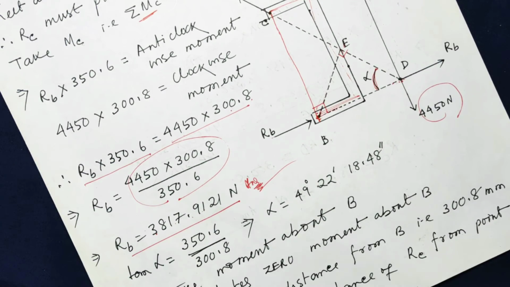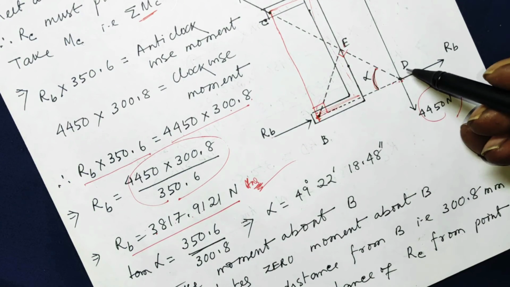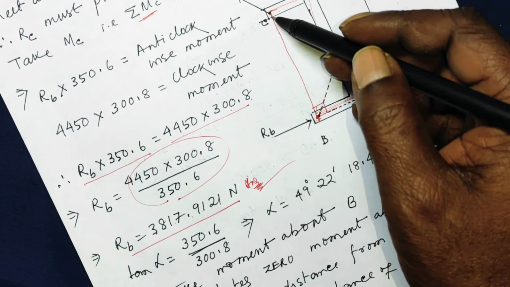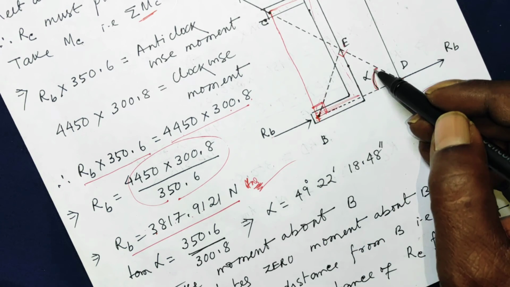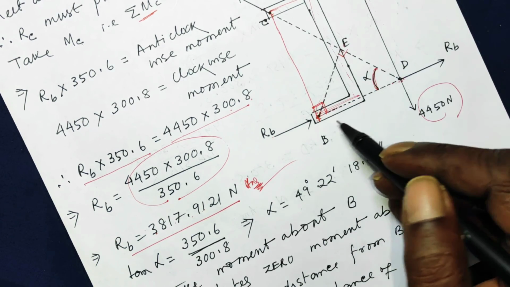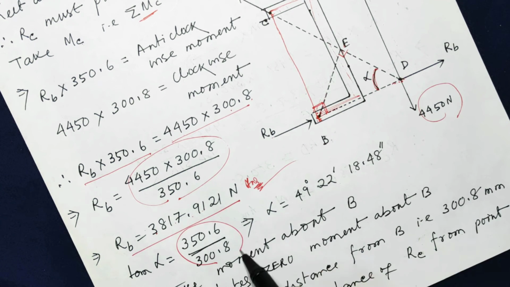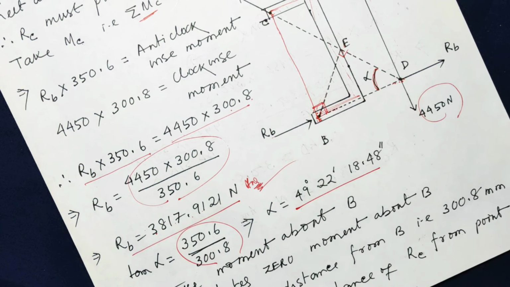So in triangle DBC, which is right angled at B, tan alpha will be BC over BD. Put the value, so your alpha comes out to be 49 degree 22 minute 18.48 seconds of arc.